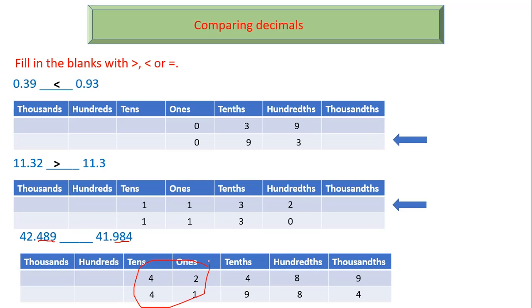As you can see in the whole part, 42 is greater than 41. Since 42.489 is the greater number, I will write the sign like this, which means 42.489 is greater than 41.984. This way we will identify the greater decimal numbers.